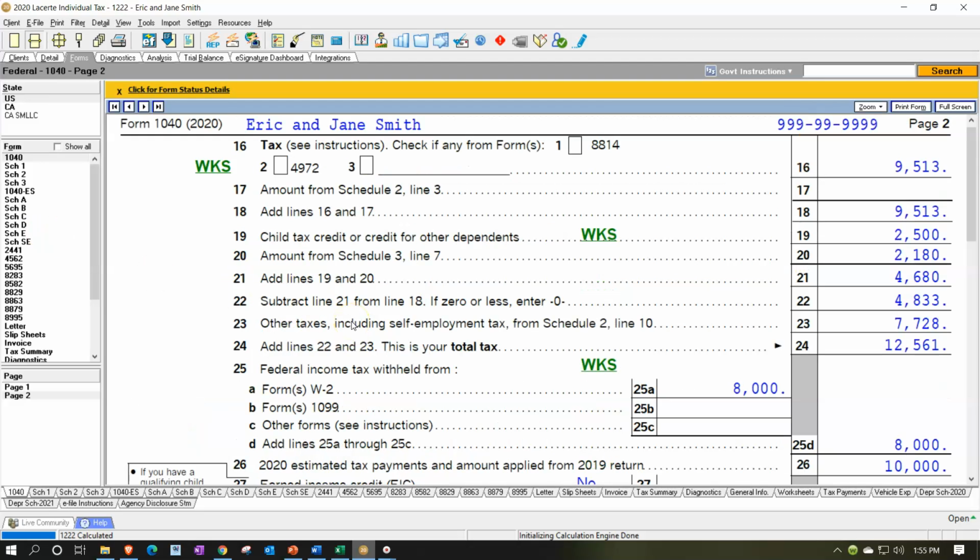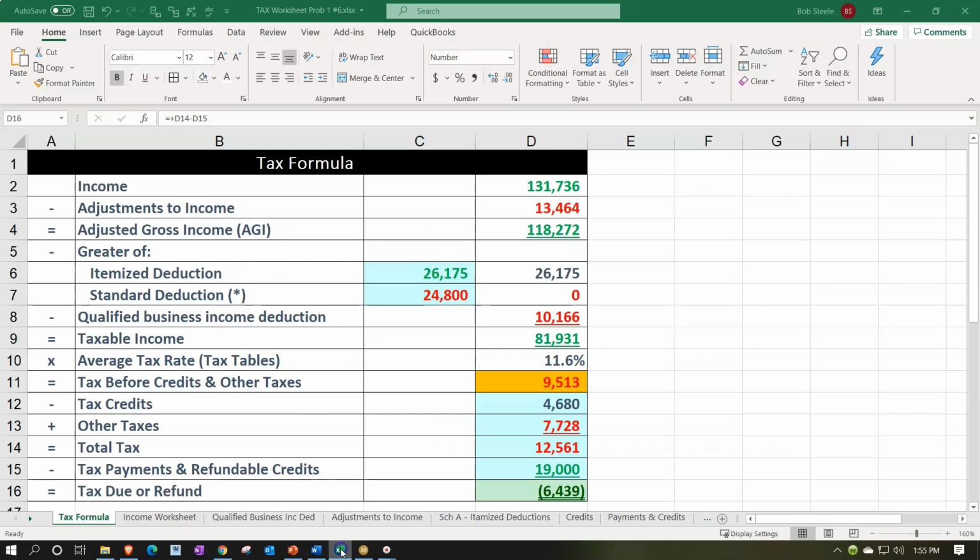Now, as we did this, we double checked it as much as possible by entering the same information into our Excel worksheet, because this is all an income statement. We don't have the double entry accounting system backing us up to make sure that we don't do a data input error. So if we put it into 2 separate systems, it can help us to see that.